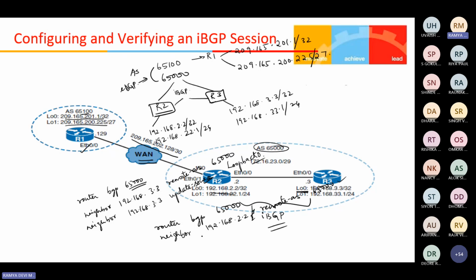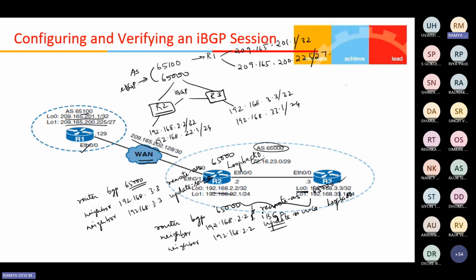Now we update the source with neighbor 192.168.2.2 update-source loopback 0. So R3 will establish an IBGP session with R2 using loopback address 0.